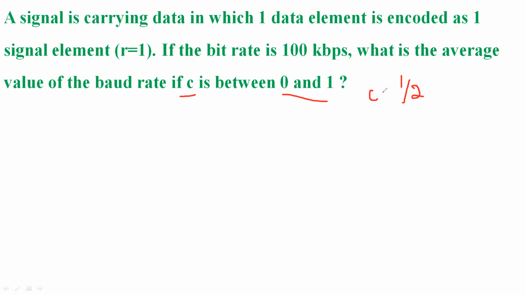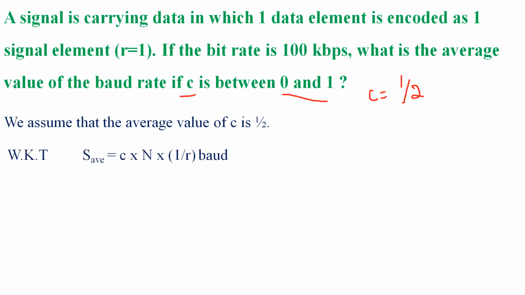Since the range of C is between 0 and 1, the value of C is 1 by 2. We know that S equals C into N into 1 by R baud, so using this formula we can find the average value.